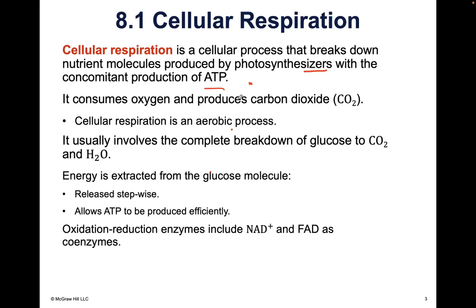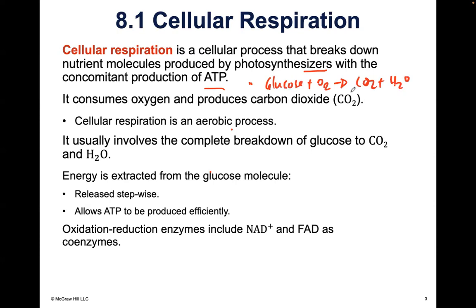So it consumes oxygen and produces carbon dioxide. The process of respiration takes oxygen because you have glucose plus oxygen, and it's going to produce CO2 plus H2O.